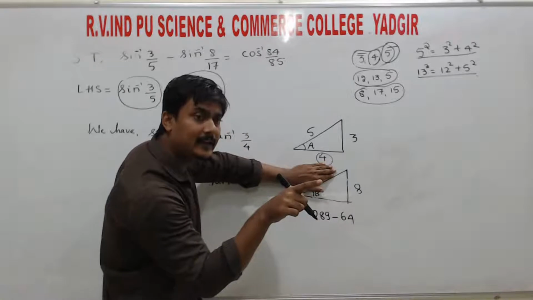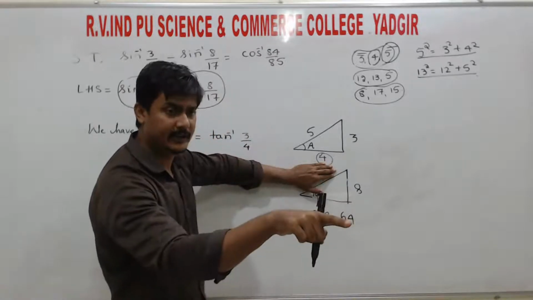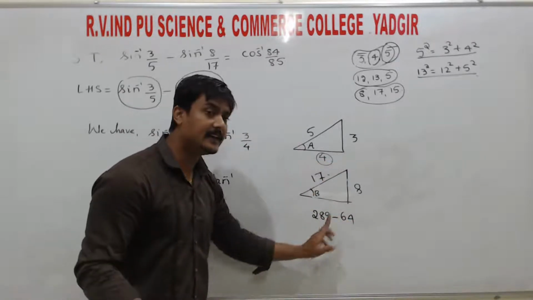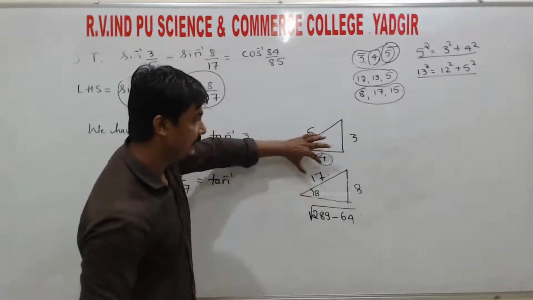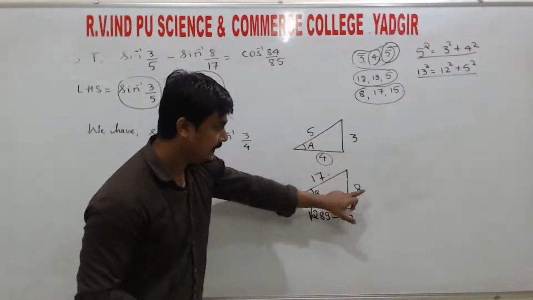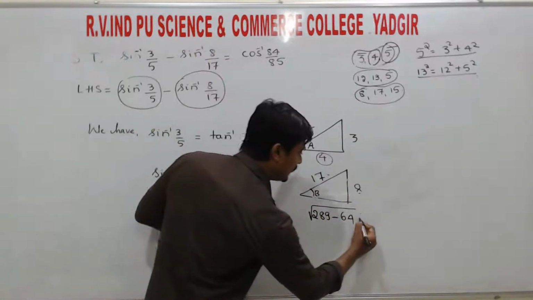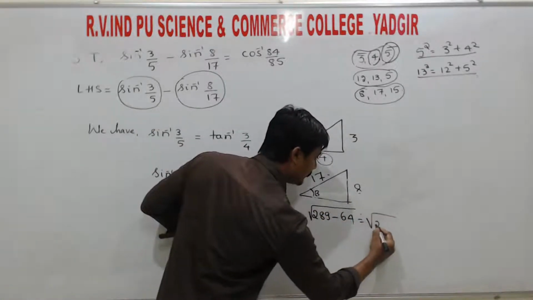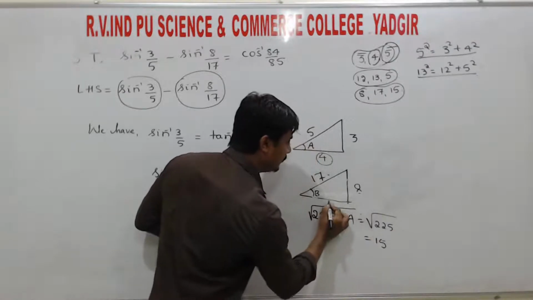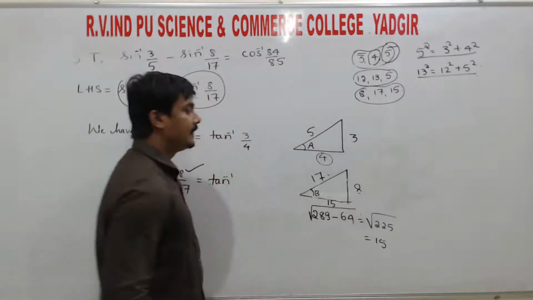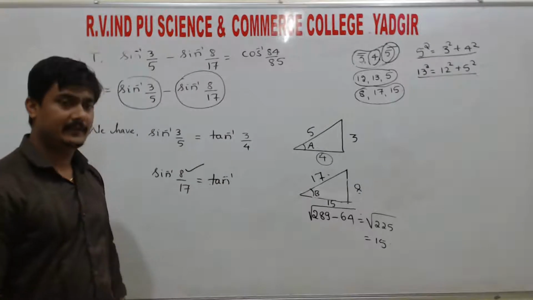If you want the side length other than the hypotenuse, subtract their squares and take the square root. 17 square is 289, 8 square is 64, so it becomes square root of 225. Square root of 225 is 15. Then we come to know that the adjacent side length will be 15.